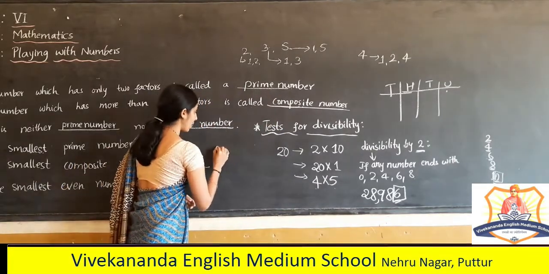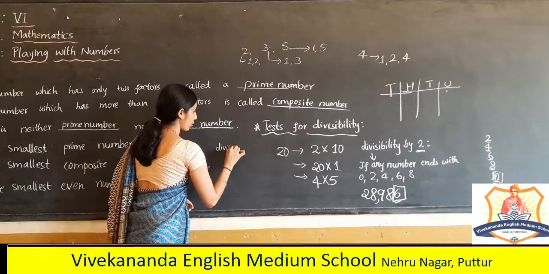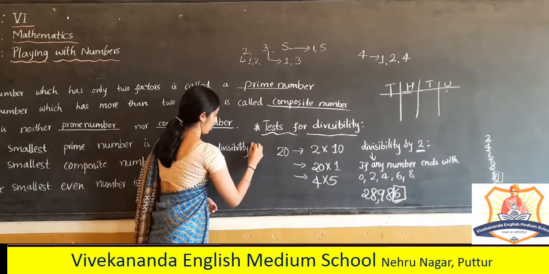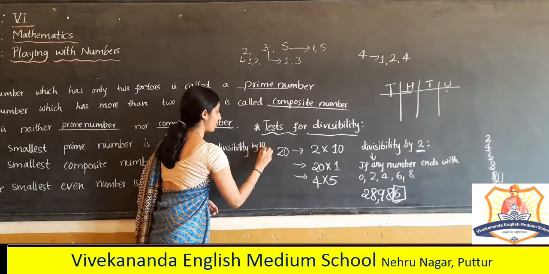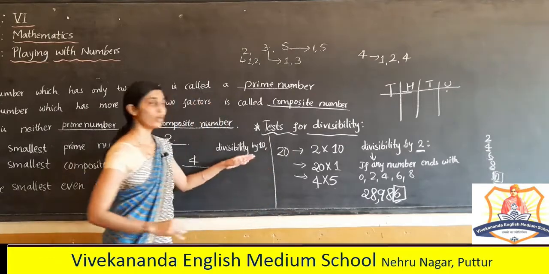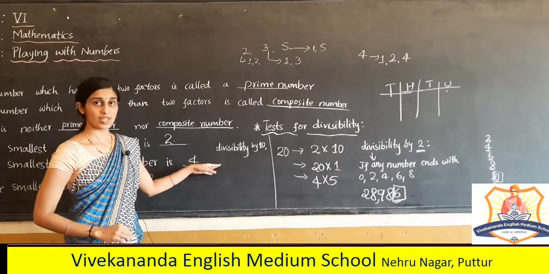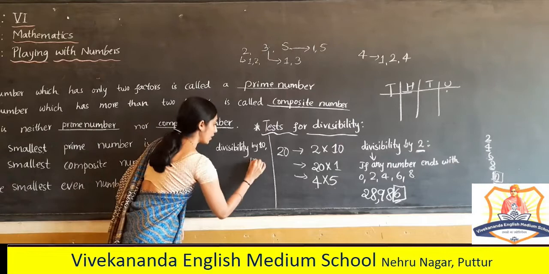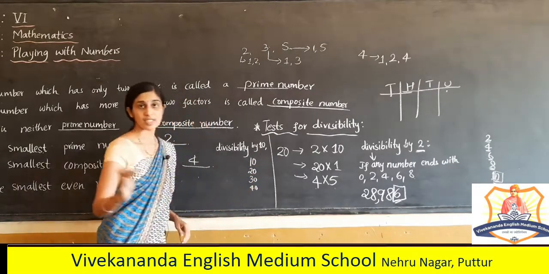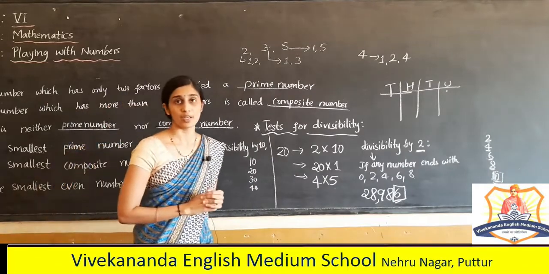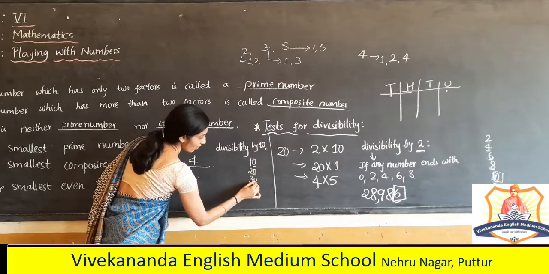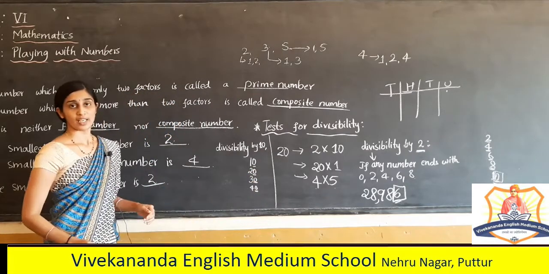Next is divisibility by 10. If I take the number 10, divisibility by the number 10. What is the rule we can say here? In general, multiples of 10 are 10, 20, 30, 40, 50, 60, like this. It goes on continuing. So here, what you can see?